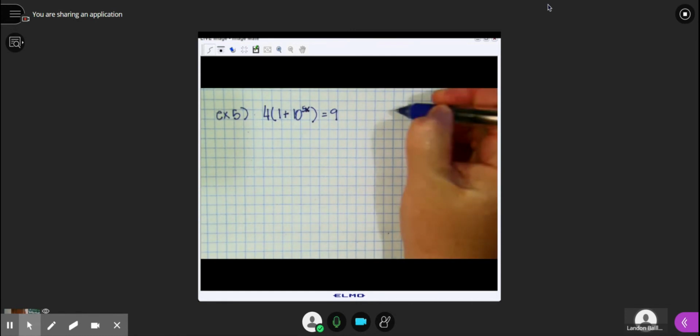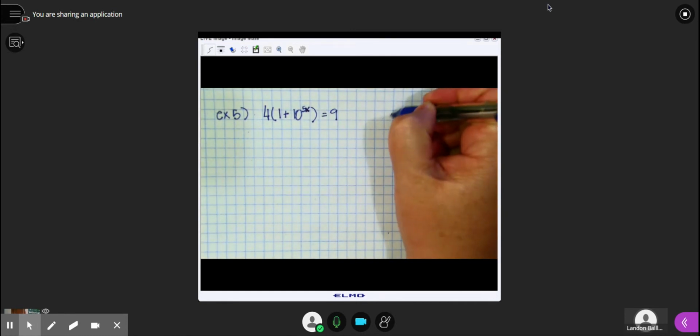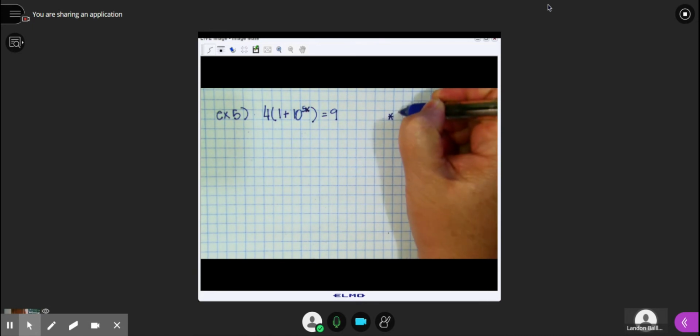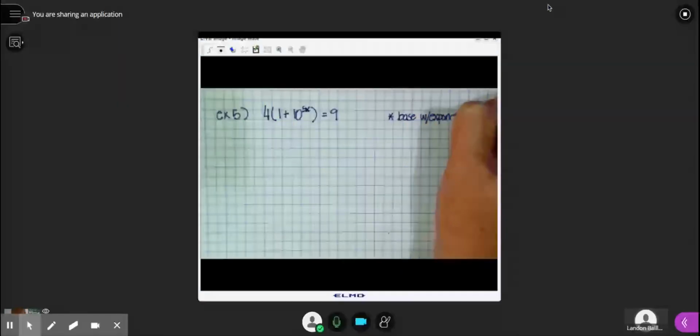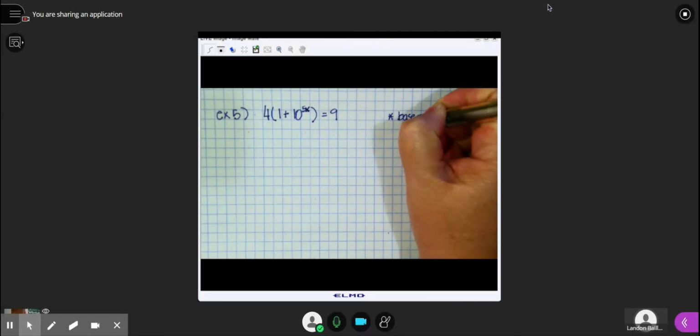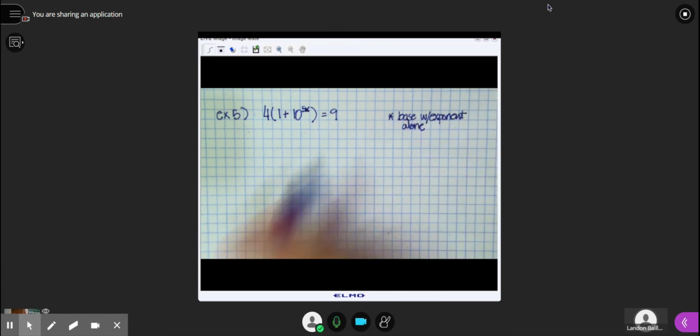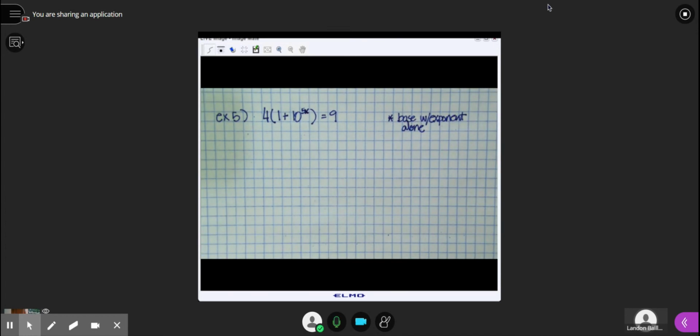Okay. This one is a little bit troublesome because we should have the base with the exponent alone. So I don't have the base with the exponent all alone on one side, right?